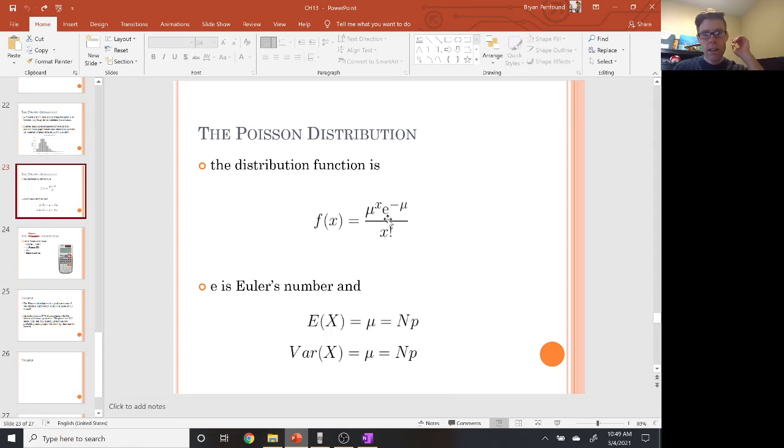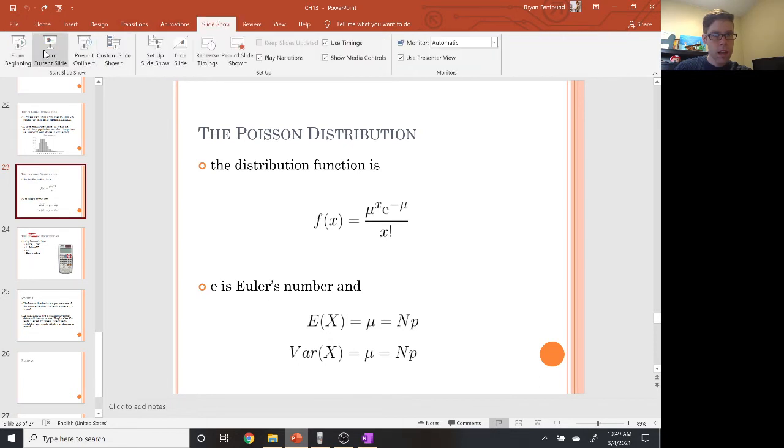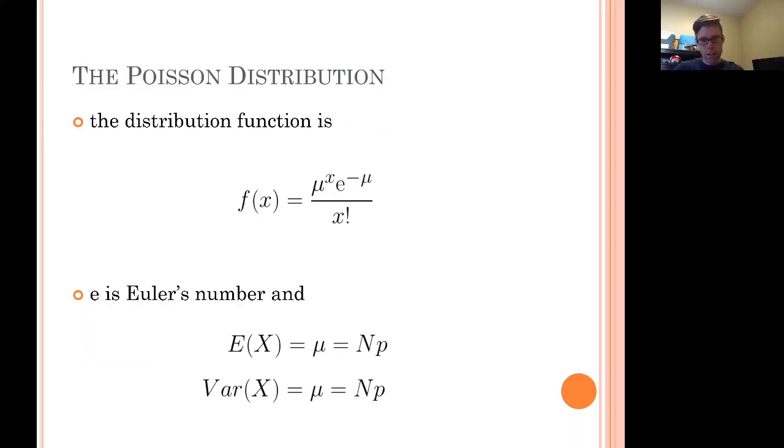And here is the probability function for our variable. So it has a couple of different parameters in here, and I'm just going to pop into the slideshow to highlight some of this stuff. So this is the formula to calculate a probability. We're going to use our calculator to do this. But in case you're curious, it comes jam-packed with a couple of different things.